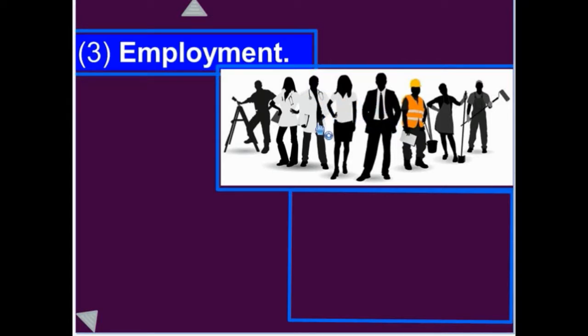Then you see a medical doctor, you see an engineer and all that, the cleaners and all that. These are different people in different job sectors. So in other words, urban settlements provide job opportunities for people from the rural settlement.